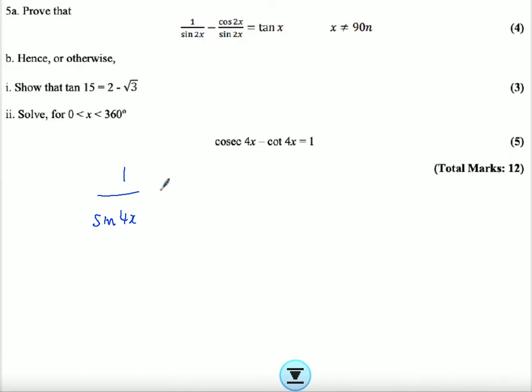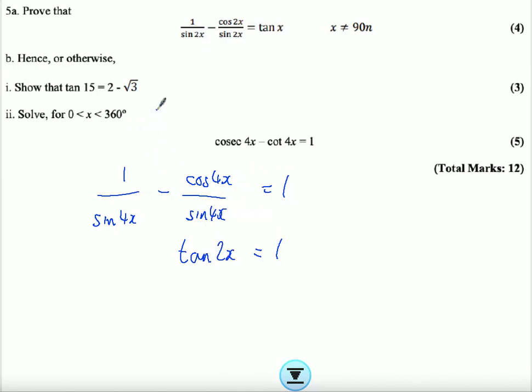And cot is, I can see it now, cos 4x over sine 4x equals 1. So if we look up here and then look at this, the inputs are different, but this is going to be equal to tan 2x, which is a lot more manageable.